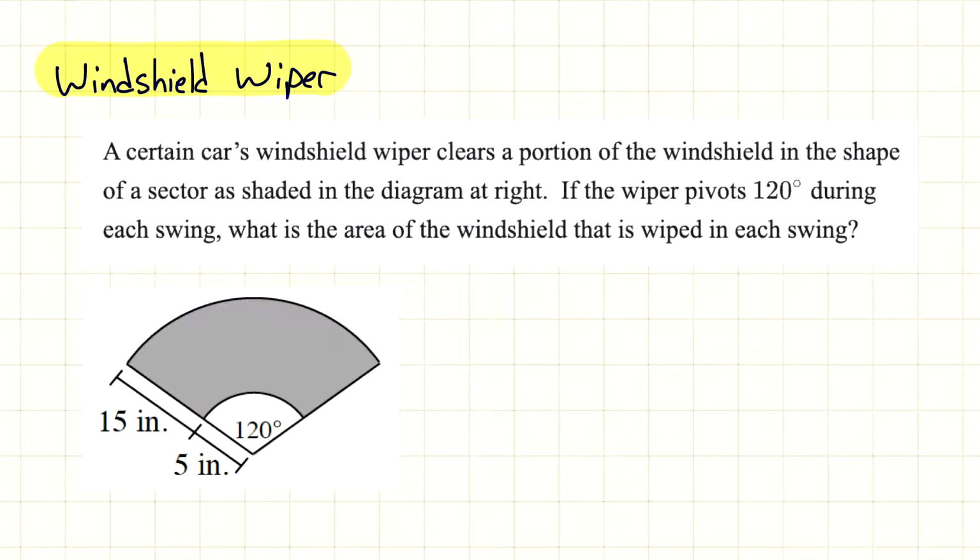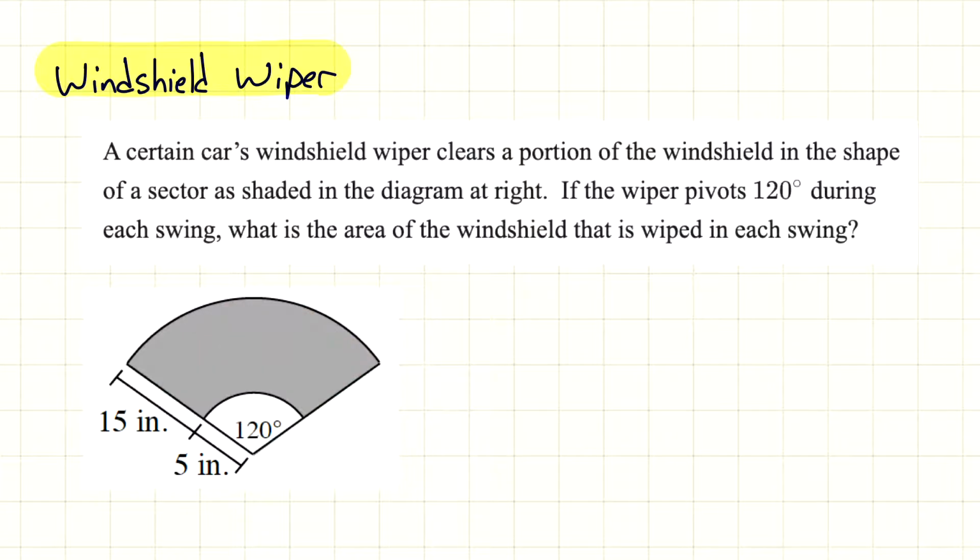We have some extra measurements, not in the description of the problem, but in our diagram. The distance from the pivot point to where it actually starts wiping is 5 inches. And then from that point on, the actual length of the wiper is 15 inches. So what is the area of this shaded region? That's what we're trying to figure out.